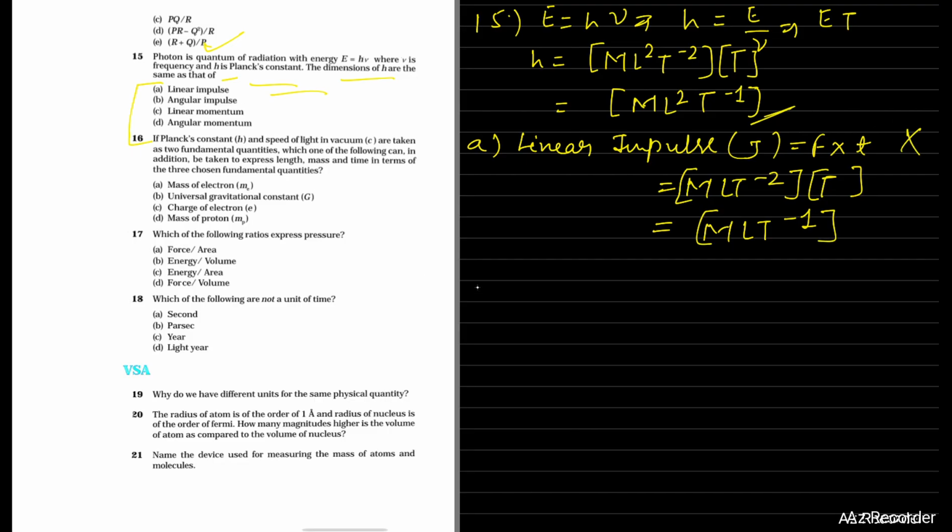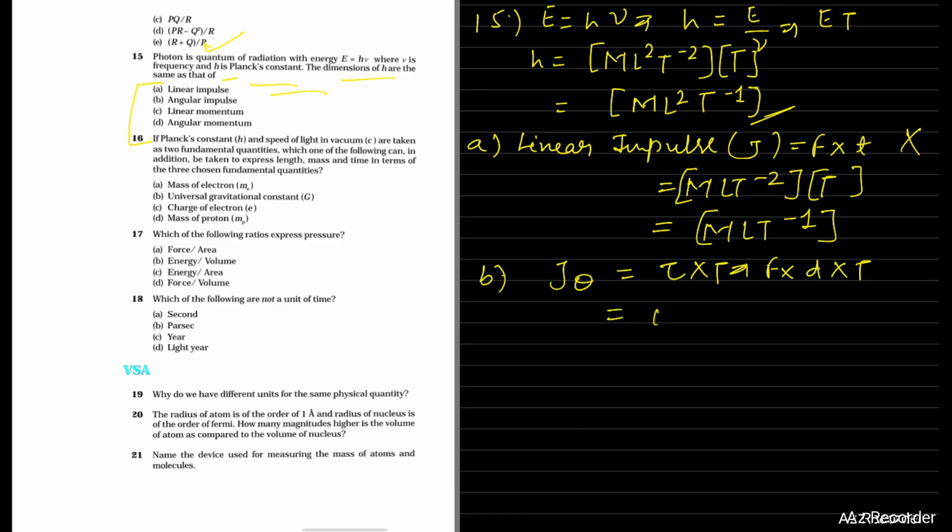So option B, we will check now. Angular impulse, it is denoted by j theta, which is equal to torque, tau, multiplied by t. Tau means f into d, so f into d into t.